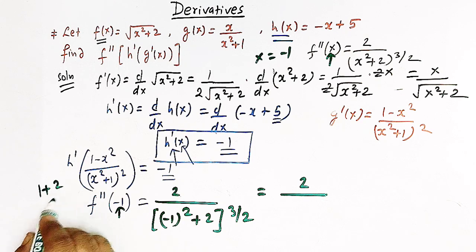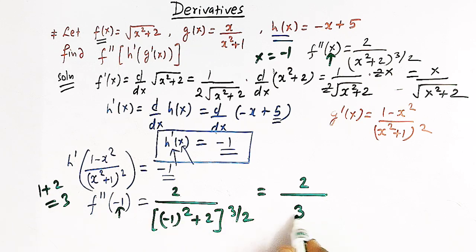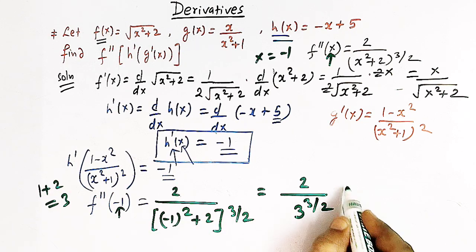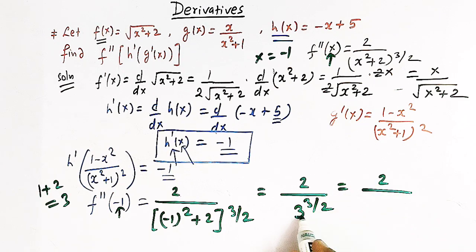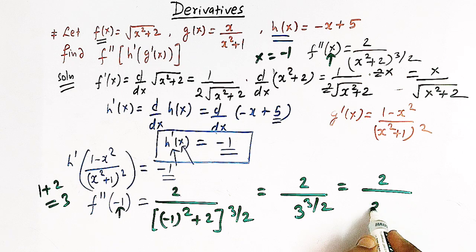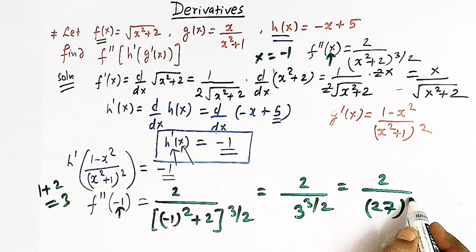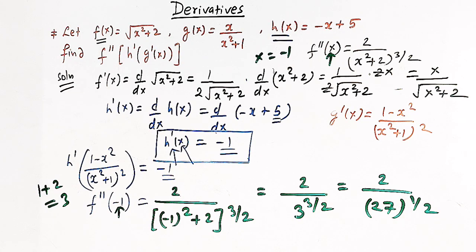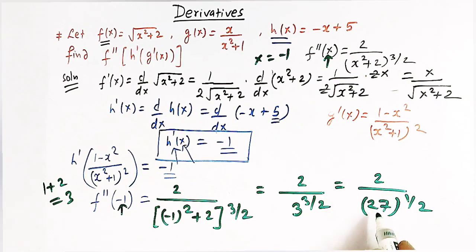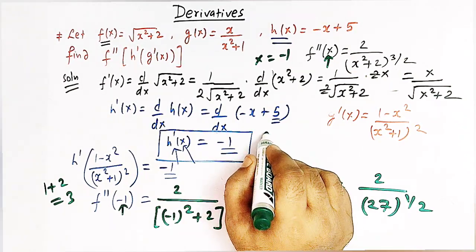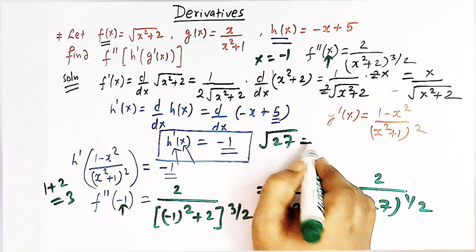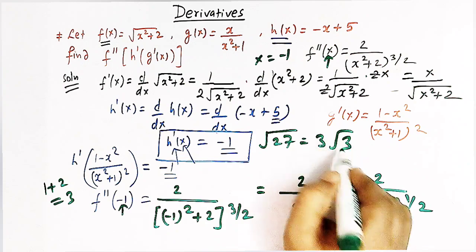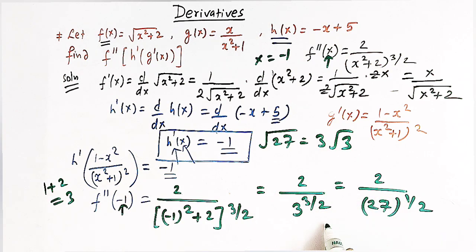So we have 1 plus 2, that is 3. So this is 3 raised to 3 by 2. And we can now write 3 raised to 3 by 2 as 27 raised to 1 over 2. So now the square root of 27 is equal to 3 times square root of 3. So now here we have 2 over 3 times square root of 3.